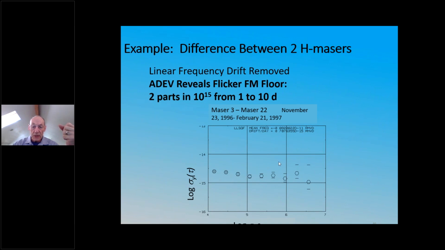These are the error bars around the Allan deviation. And so if you draw a line through the data, you more or less get a flat slope, and you say, okay, so these hydrogen masers are dominated by flicker frequency modulation all the way out to about 10 days. And the level is about 2 parts in 10 to the 15. That tells you a lot of information about the hydrogen masers, how you expect them to walk off from each other, and how fast they should walk off in time.